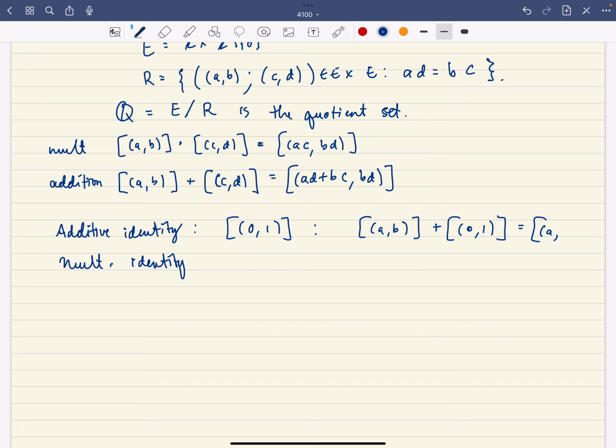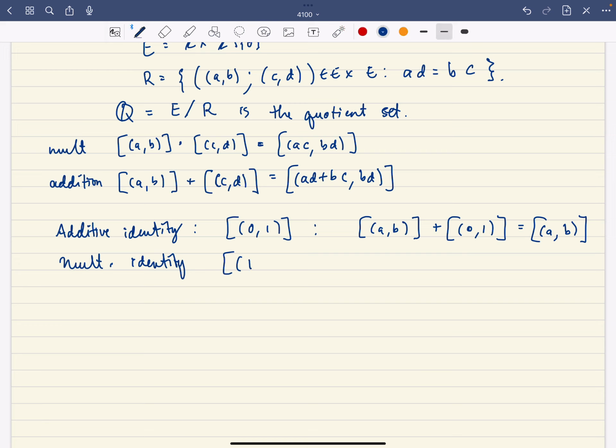In other words, (A,B). This is exactly what we need so that if we add it to anything, it stays unchanged. It plays the role of 0.